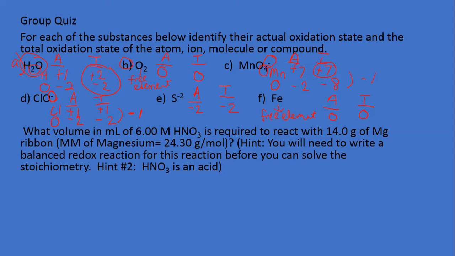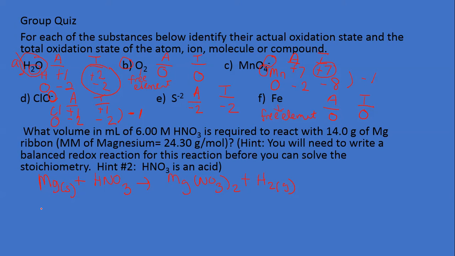If we picture it, magnesium, which is a solid, reacts with nitric acid, HNO3. It's really just a single replacement, so we're going to end up with magnesium nitrate and hydrogen gas.